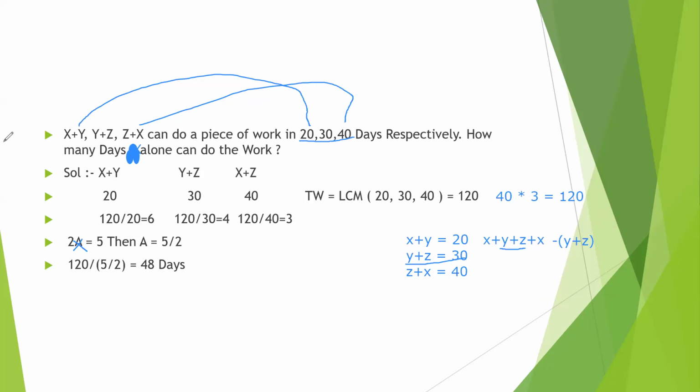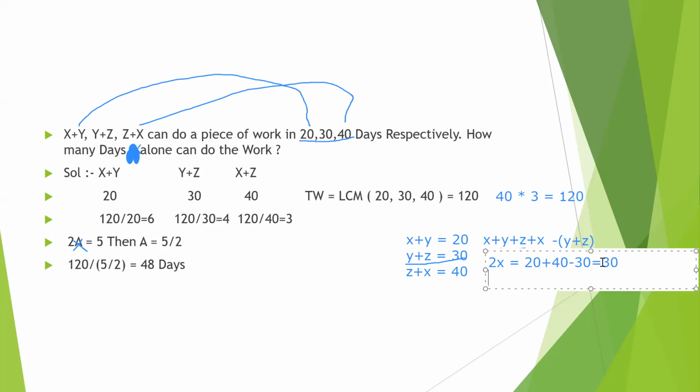So now we can write 2x equal to, where the x is there, we can sum those, and where there is no x, minus there. Therefore, that equal to 20 plus 40, 60, 60 minus 30, 30.